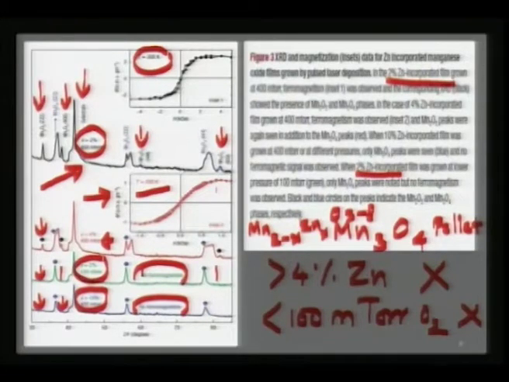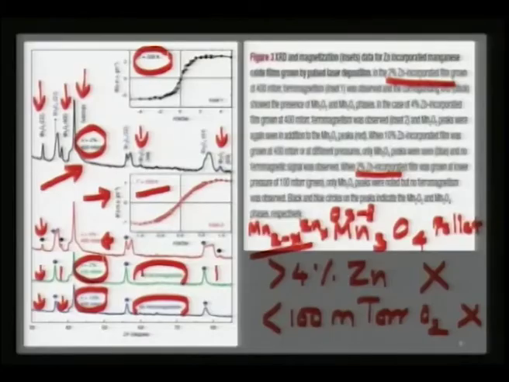So this group went on to propose that it is not manganese that is doped into ZnO, rather it is a defect induced concentration in Mn2-xZnxO3-δ, which is actually stabilizing a ferromagnetic signal above room temperature.